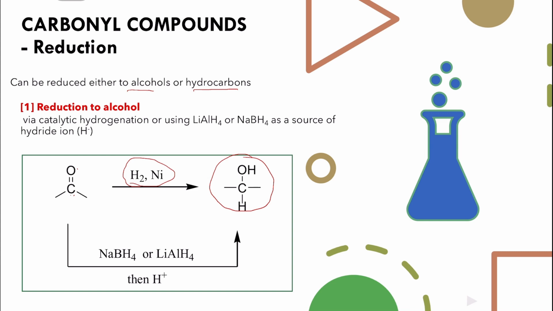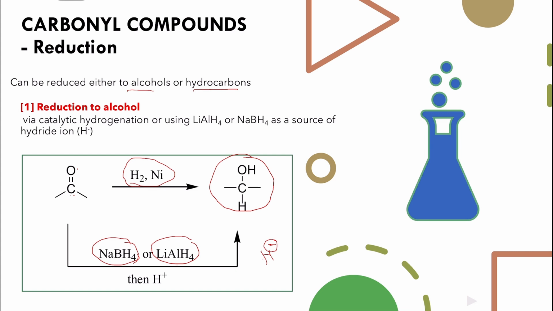Another reducing agent we can use to reduce aldehydes or ketones into alcohols is sodium borohydride or lithium aluminum hydride. They will be a source of hydride ion.